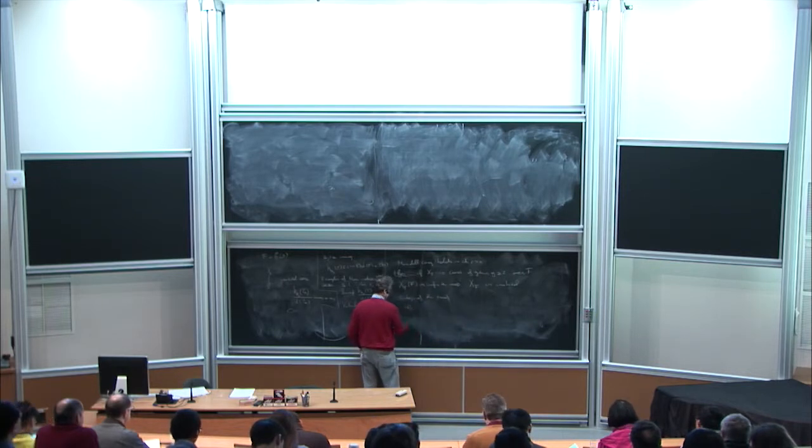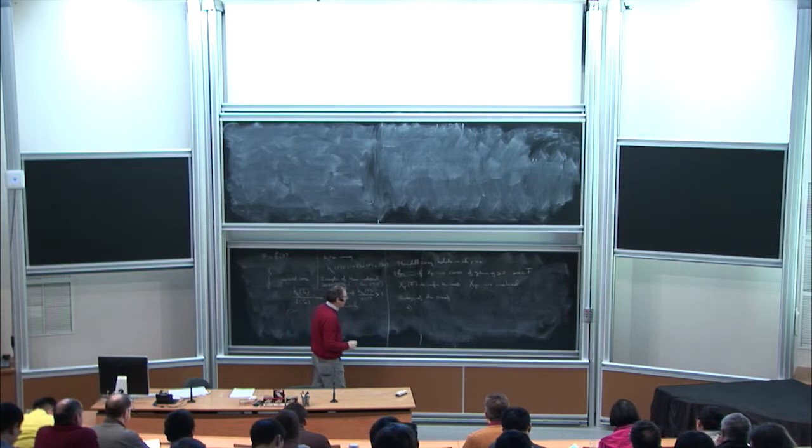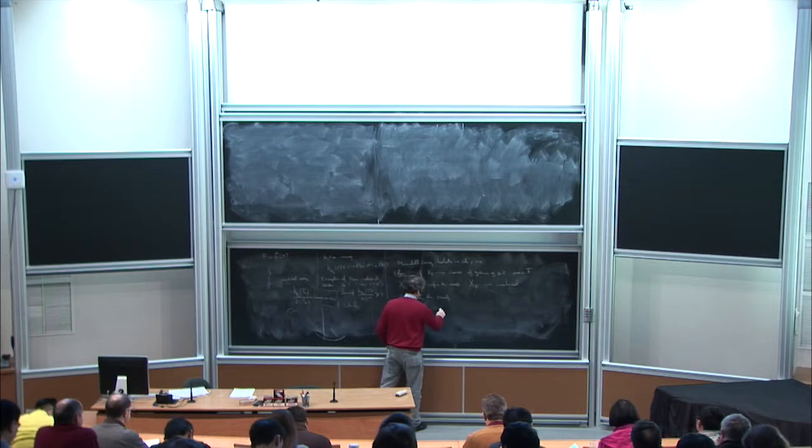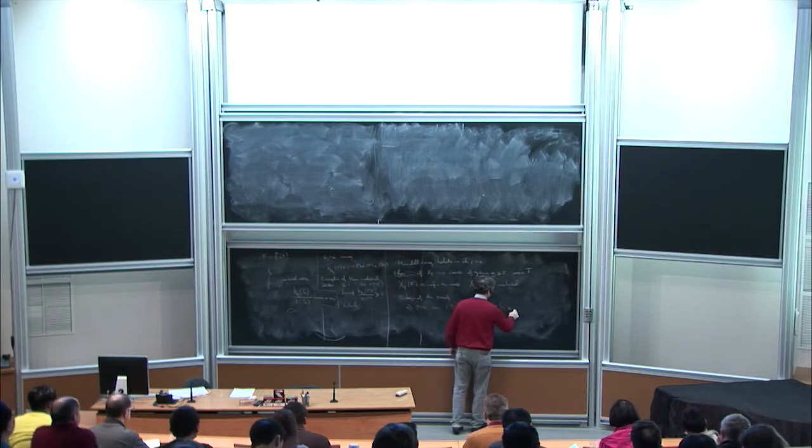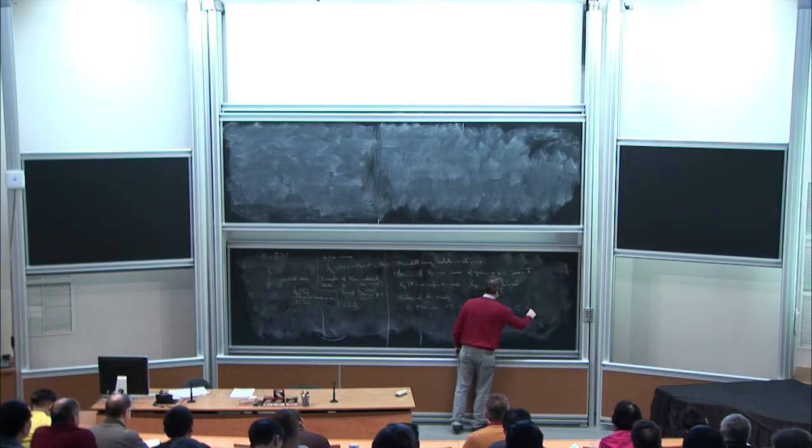First step, you prove a Vojta type inequality, which is height less or equal than a constant times the discriminant.